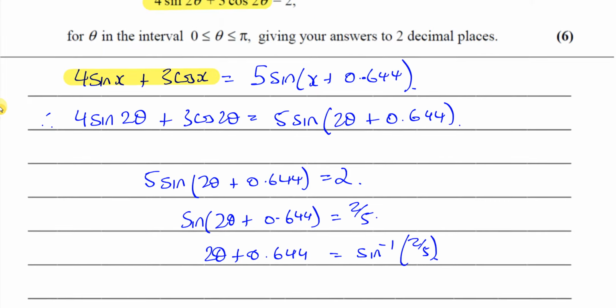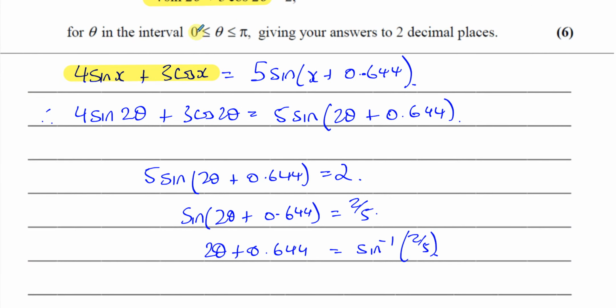So first of all, now what we have to also do is we have to modify the range. Now the range is given up to pi and it's in terms of theta. We have to change it to the same thing that we got, which is 2 theta plus 0.644. So we have to catch all the angles in the range. So this center part here has to say 2 theta plus 0.644.